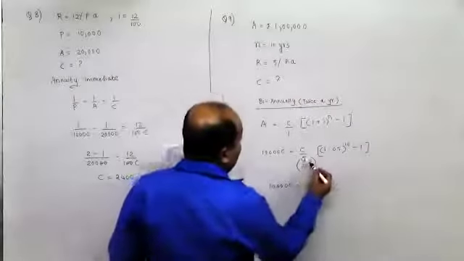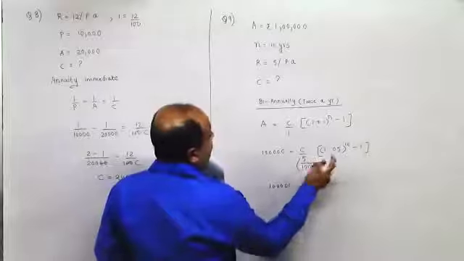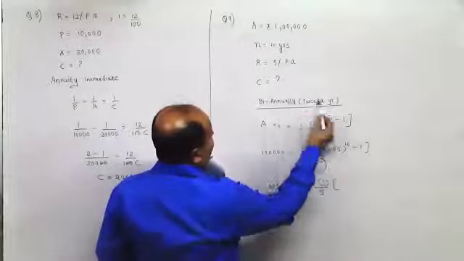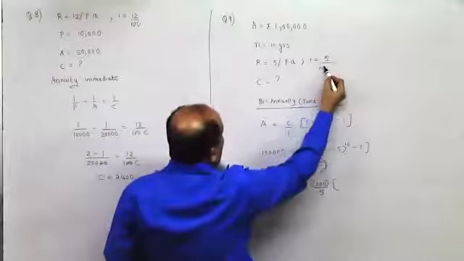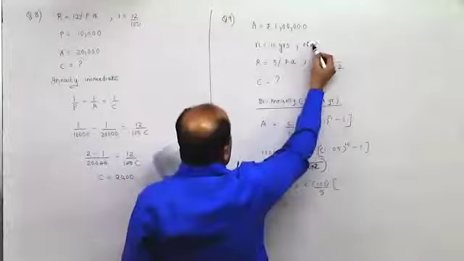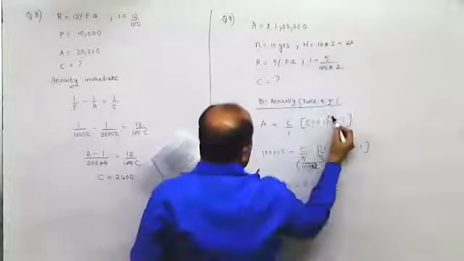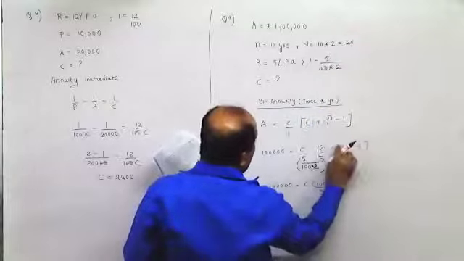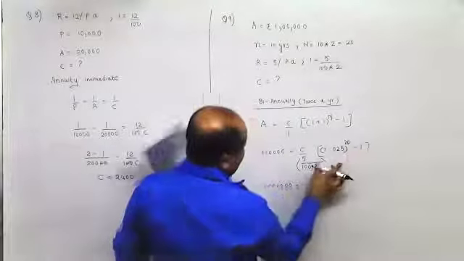It should have been 5 upon 100 into 2 because it is biannually. So I would be equal to 5 upon 100 into 2, since it is twice a year. And capital N would be 20, 10 into 2. So this is 1.025 raised to 20.